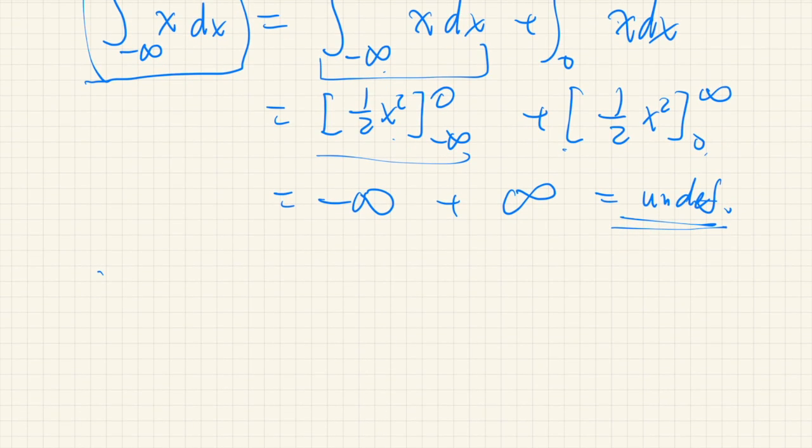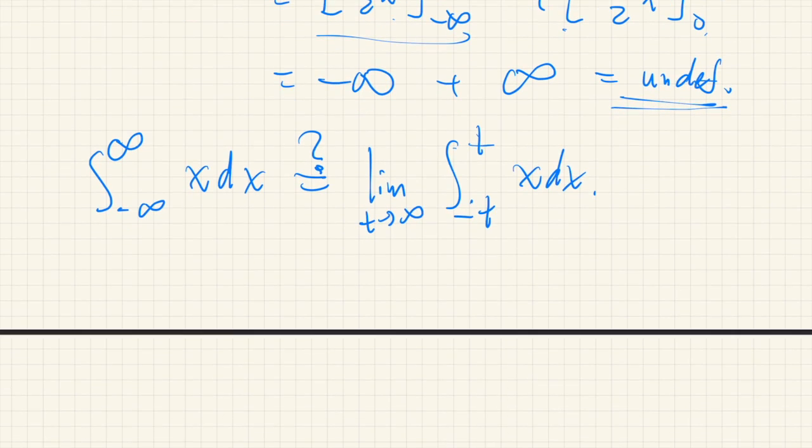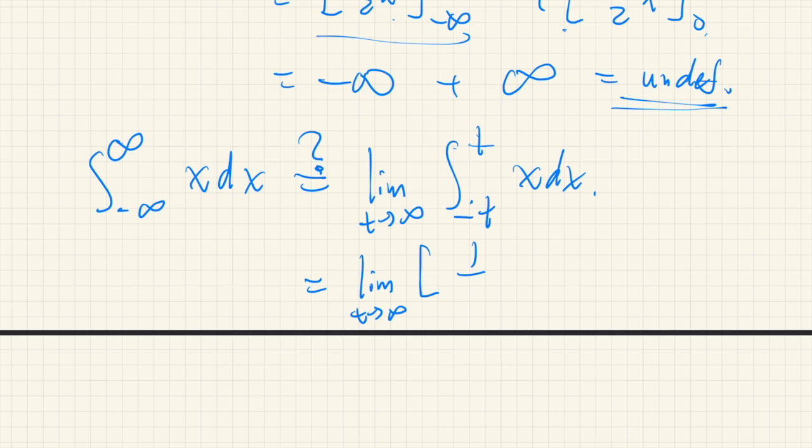However, if you calculate this same integral in this questionable way, limit t going to infinity and from negative t to positive t, what do you get? We have the limit as t goes to infinity of 1 over 2 x squared from negative t to positive t.